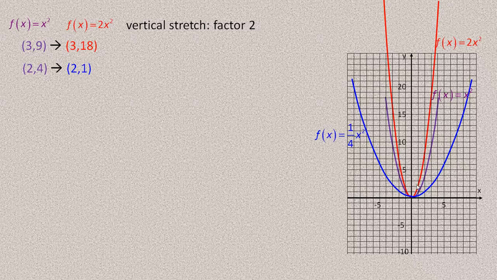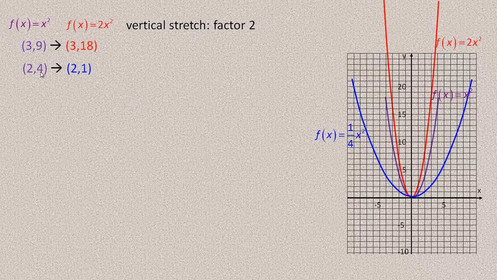The point 2, 4 in the original graph, over 2 up 4, that point there, now vertically compressed, has been changed into this point, which is the point 2, 1 right there. So vertically compressed means that the y values are now smaller. Notice that it's a vertical compression, so the x's are the same, it's y that's changed. Just like here, this is a vertical stretch, x's are the same, it's y that's been changed.